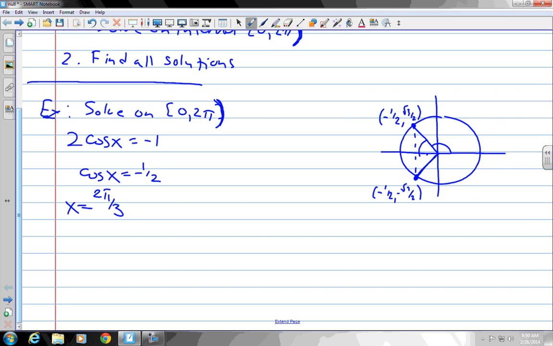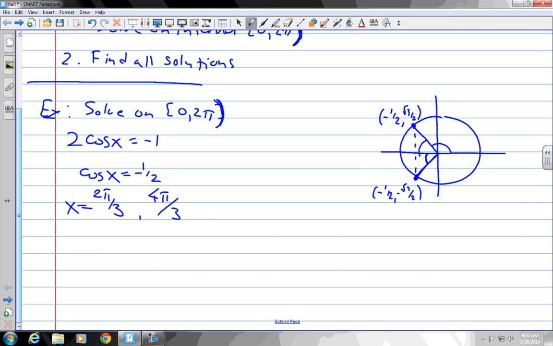No, because that's still 60. 240, but in terms of radians? Again, it's pi over 3, 2 pi over 3, 3 pi over 3, 4 pi over 3, right? So it's 4 pi over 3. So those are the two solutions on the interval from 0 to 2 pi.